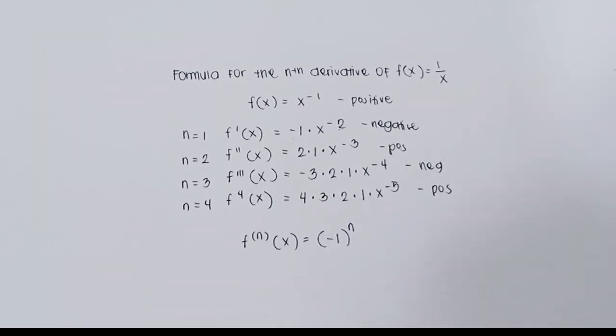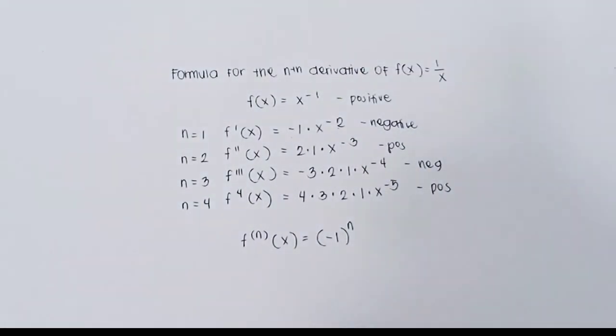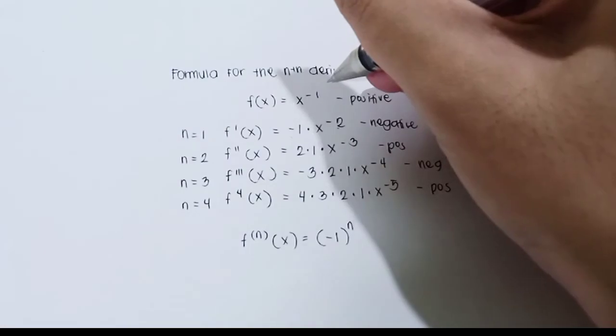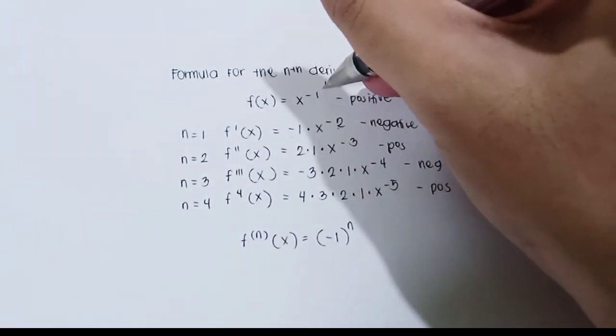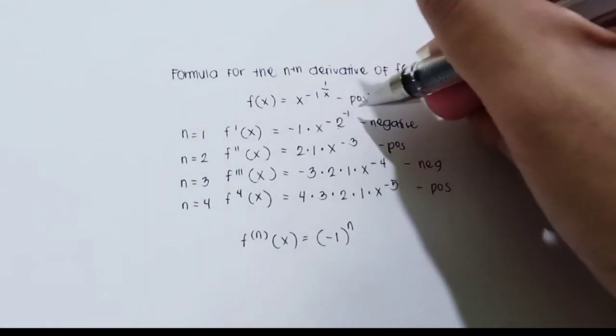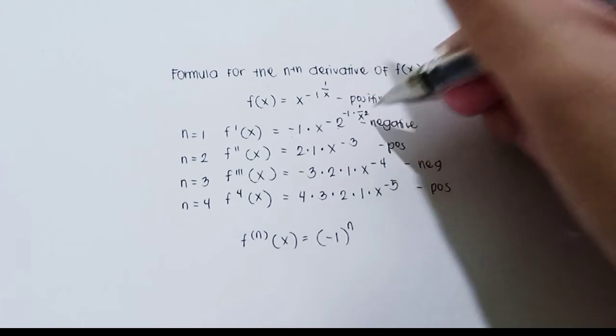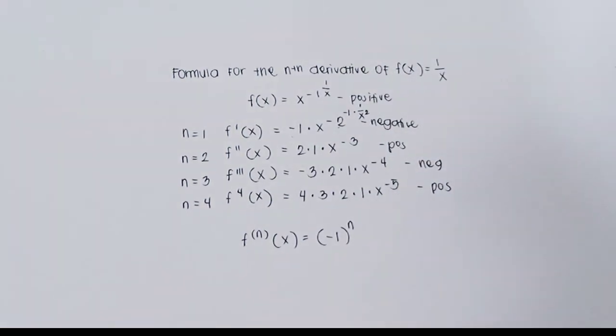So next, all of these, we can bring this down. So this would be 1 over x. This would be negative 1 times 1 over x squared. And same goes for the others. And we can also notice that the exponent is 1 higher.